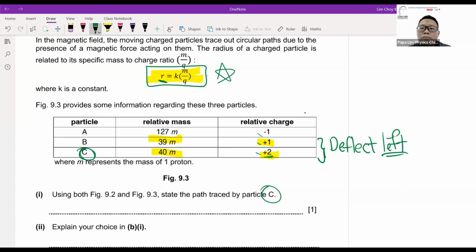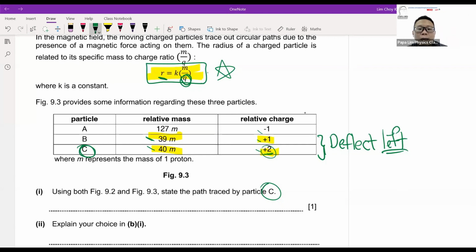Based on the information, the radius is actually dependent on two things, the mass and the charge itself. Based on the question, you'll find that the two masses, B and C, are quite close together. But what happened is that the charge itself is double. B and C, the difference is that the charge is double, which means the denominator is actually twice.